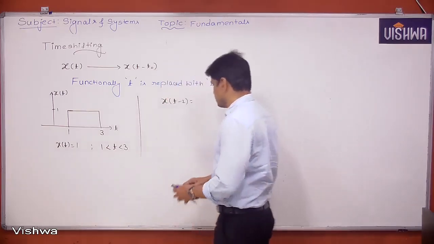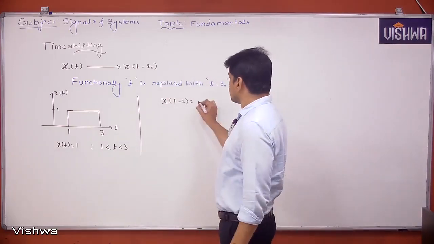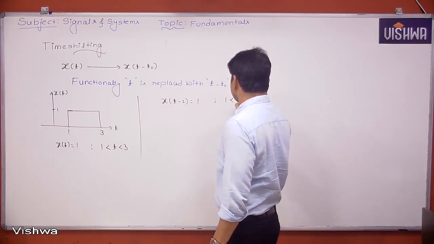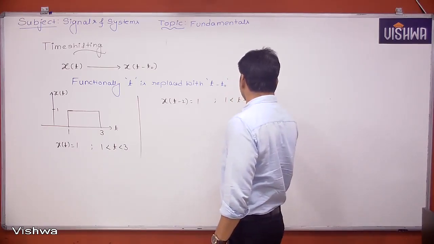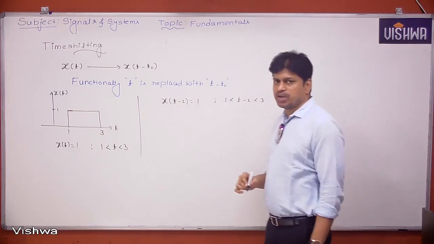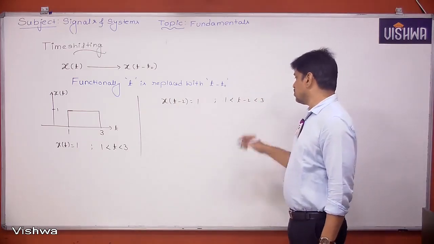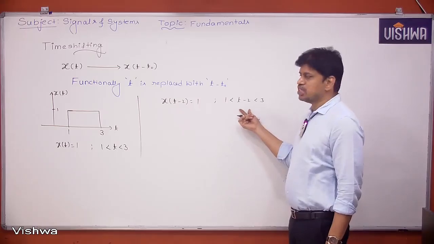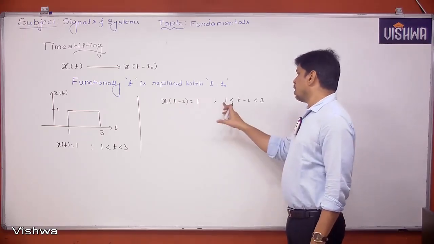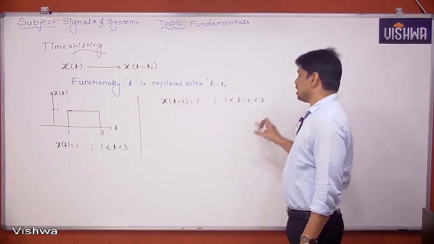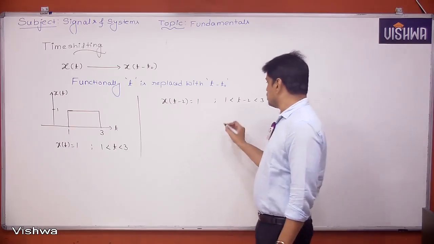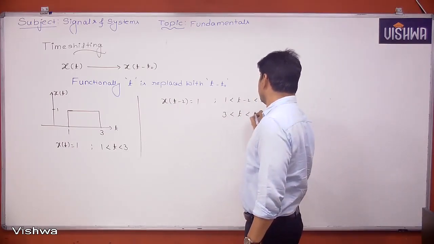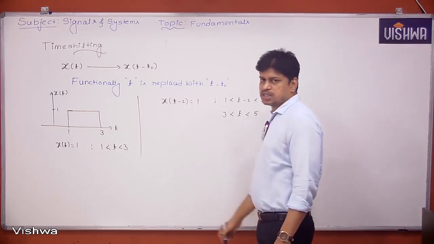Here also exactly the same thing. Its value is going to be 1 when the argument, that means t minus 2, lies between 1 and 3. So these are the limits of t minus 2, but I want the limits of t. Then what do I have to do? Add 2 to each and every term. Then this is going to be 3, this is t, this is going to be 5.